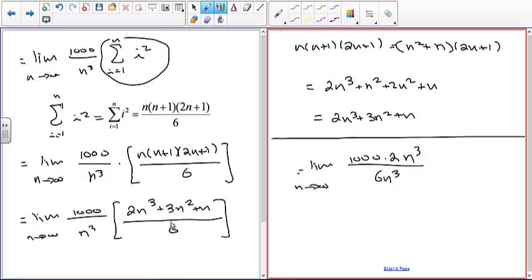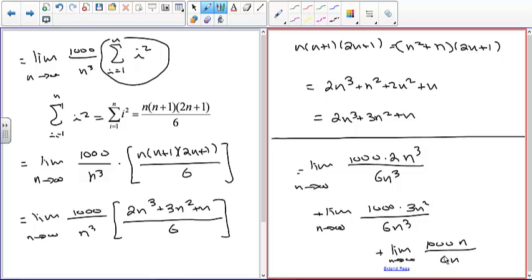So I'm taking this part and grouping it with that part. And then I'm going to do the next one, which is the limit as n goes to infinity of 1,000 times 3n squared divided by 6n cubed, plus the limit as n goes to infinity of 1,000 times n over 6n cubed. So we get three limits.